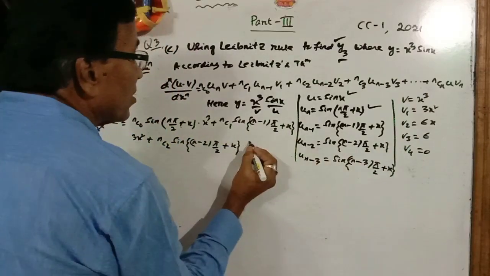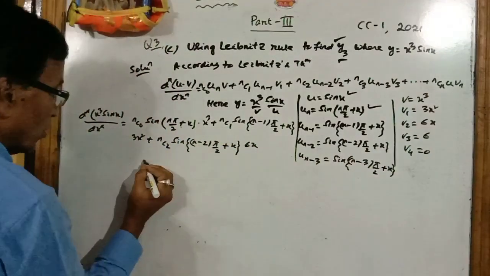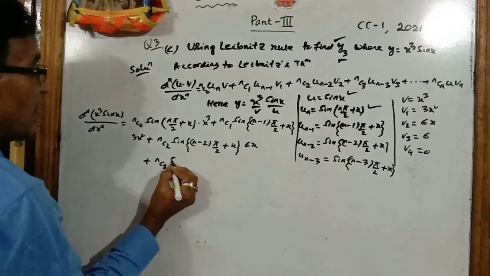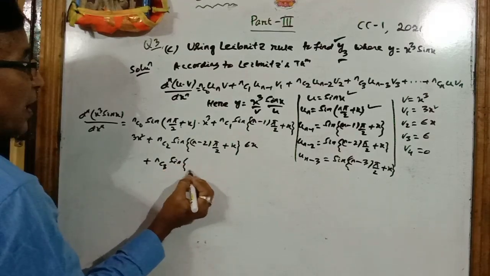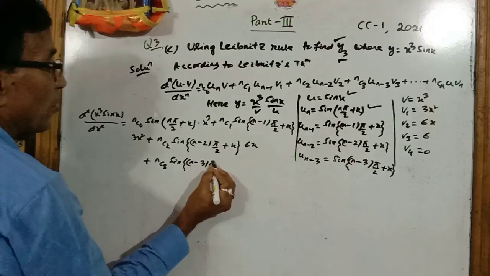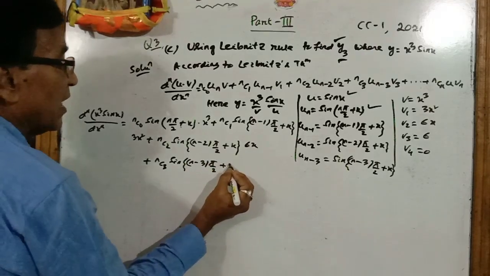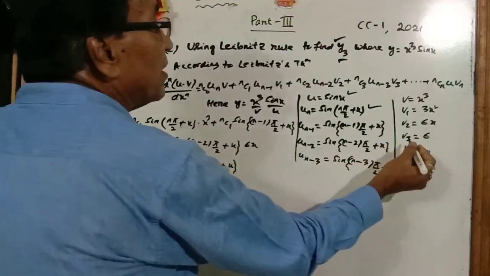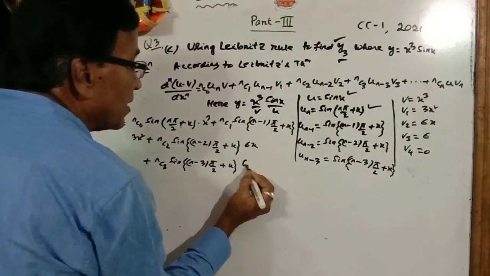V2 value is 6x. So next term is nC3 sin of (n minus 3) into pi by 2 plus x into V3, which is equal to 6.